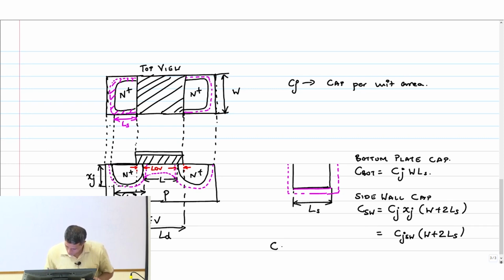So the CDB is basically C bottom plus C sidewall, and of course this is also equal to CSB if the biases are the same.